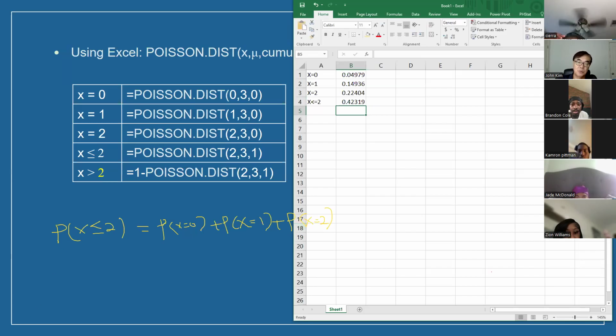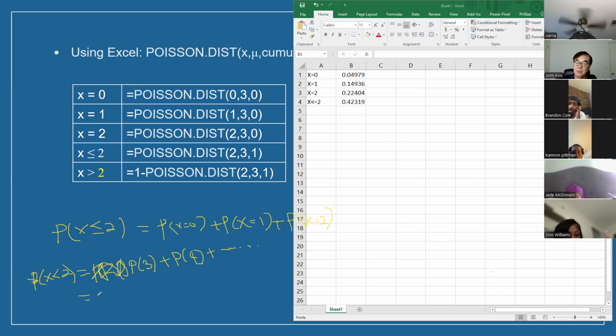And for less than 2, earlier we did like this. Probability X less than 2 equals 1 minus P, 2 is not included, 3, it is P3 plus P4 plus and so on.